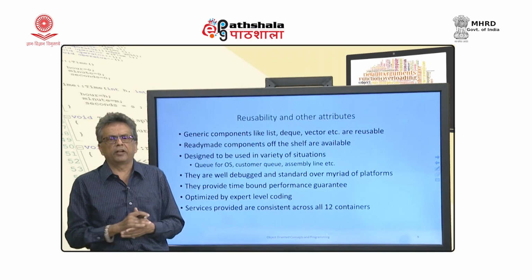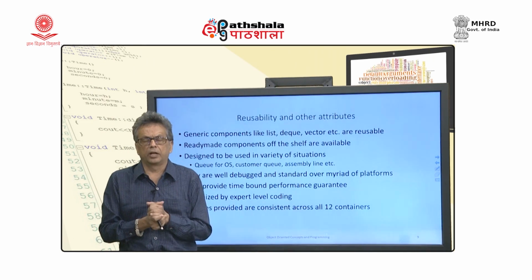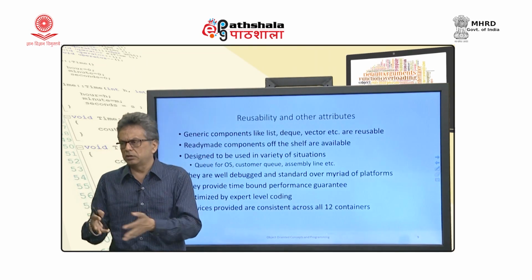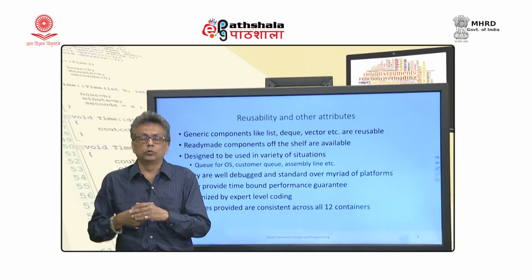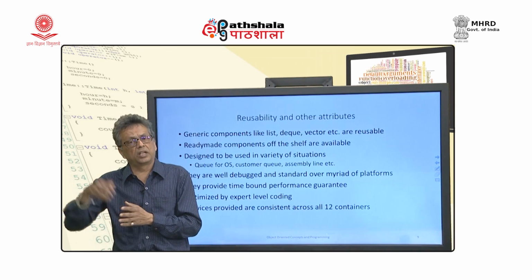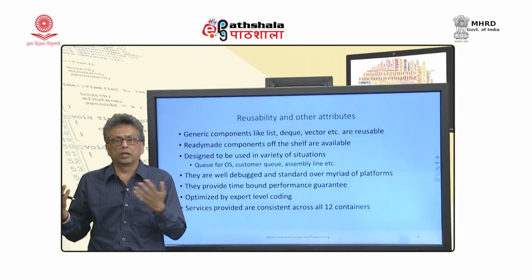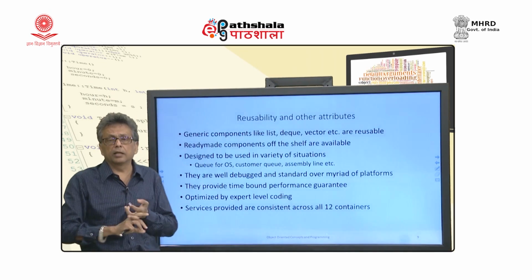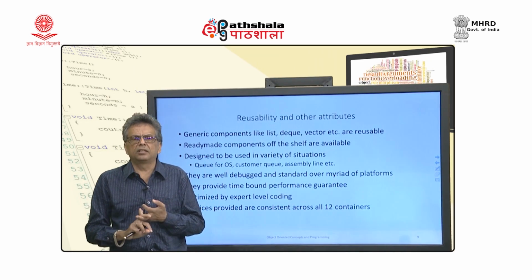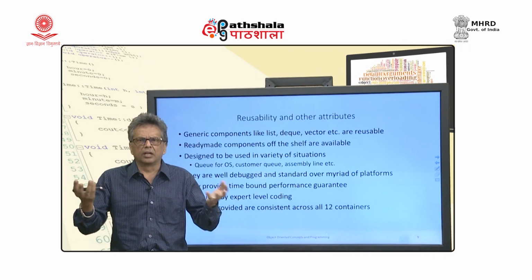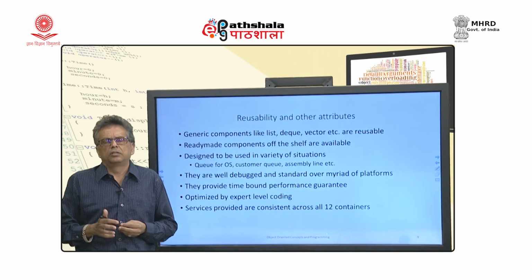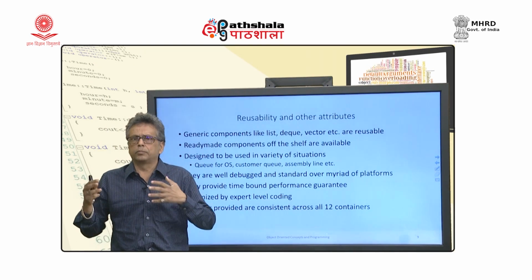For example, if I define a queue, which is an adapted container from deque, I can use it for a customer queue in a restaurant, or in operating system design, storing information in the process queue and so on. The other great thing is that they are so generally designed that they can be used in a myriad of situations and processes.